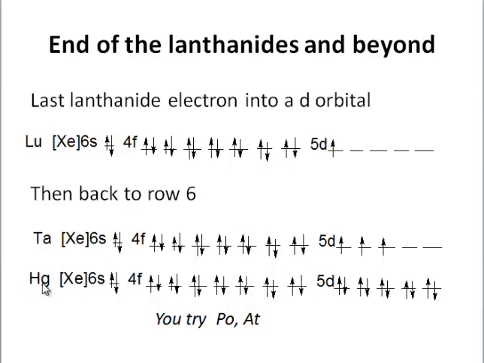Here is a diagram for mercury, which has 10 5d electrons. Alright. At this point, you should be able to try polonium and astatine before moving on.